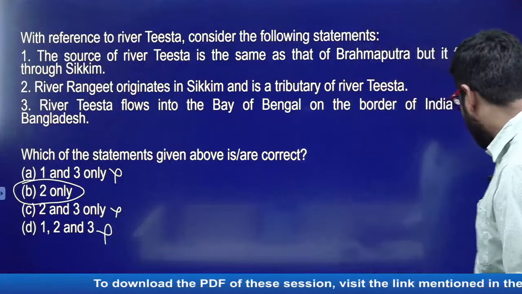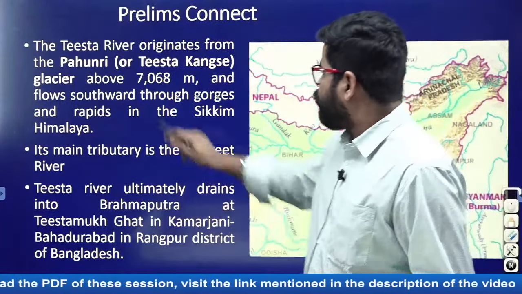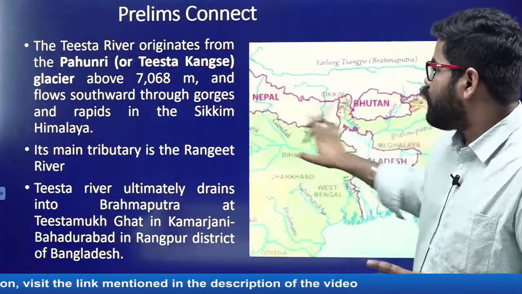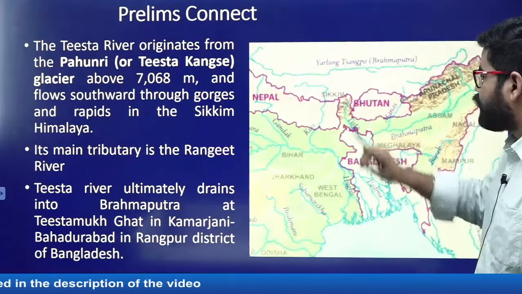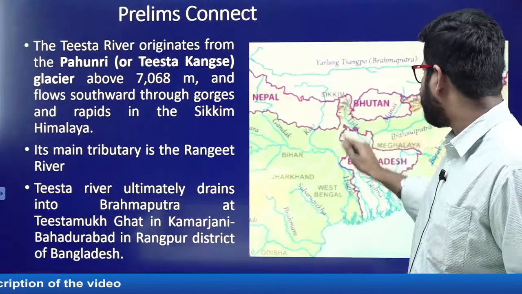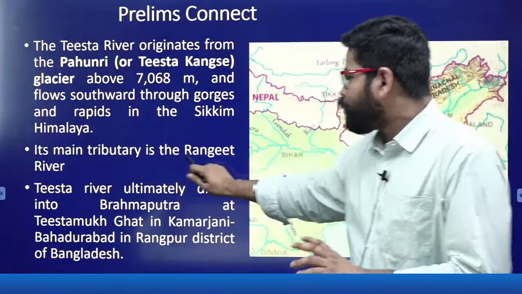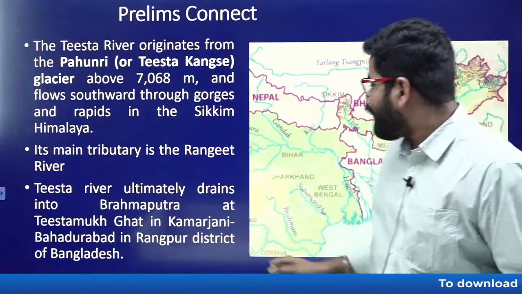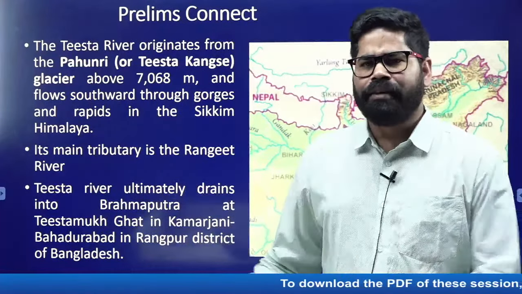Okay, now see here. If we look at this Teesta river, it originates from the Pahunari or Teesta Kangse glacier, and it is flowing through this area, near Sikkim itself. You can see here it is originating, this Teesta river. Its main tributary is the Rangit river, and then it drains into the Brahmaputra at Teestamukh Ghat in Bangladesh.